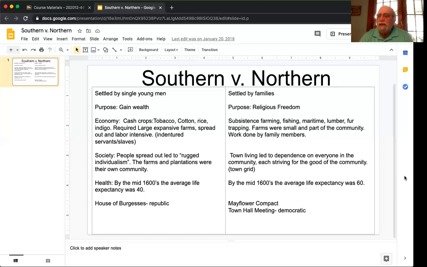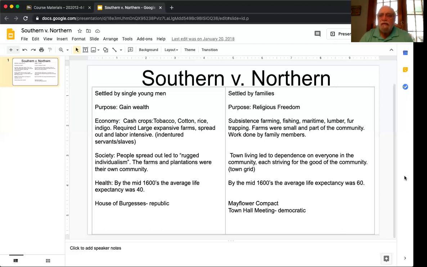The land itself is again very swampy, and of course the swamps are going to bring in all kinds of creatures, bringing in malaria and very poor living conditions. The average life expectancy for somebody in a place like Virginia would be about 40 years old. So 40 was an old man in Jamestown, the Jamestown experience.